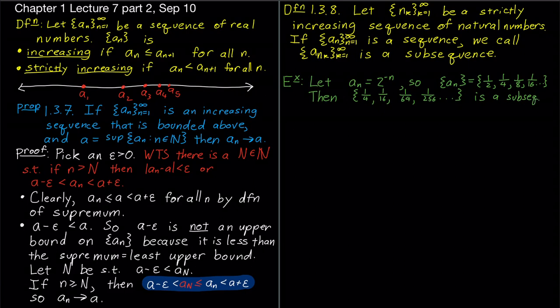This one I of course got by grabbing every other term in the 2 to the minus n sequence, but you can skip around a bit if you want.